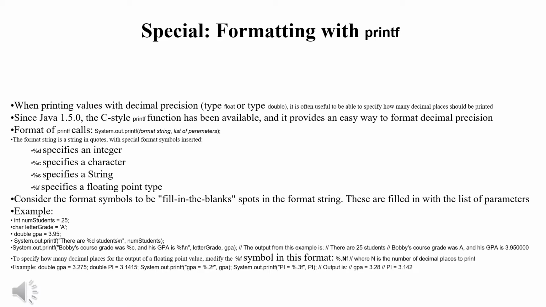For example, in GPA, we have 3.95. So after the dot, we have two numbers, 9 and 5. But, for example, sometimes we have more floating type numbers, right?